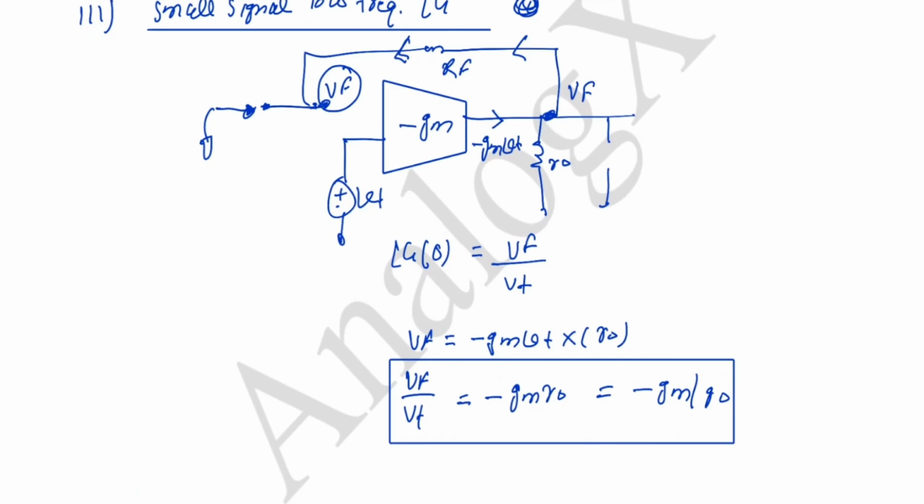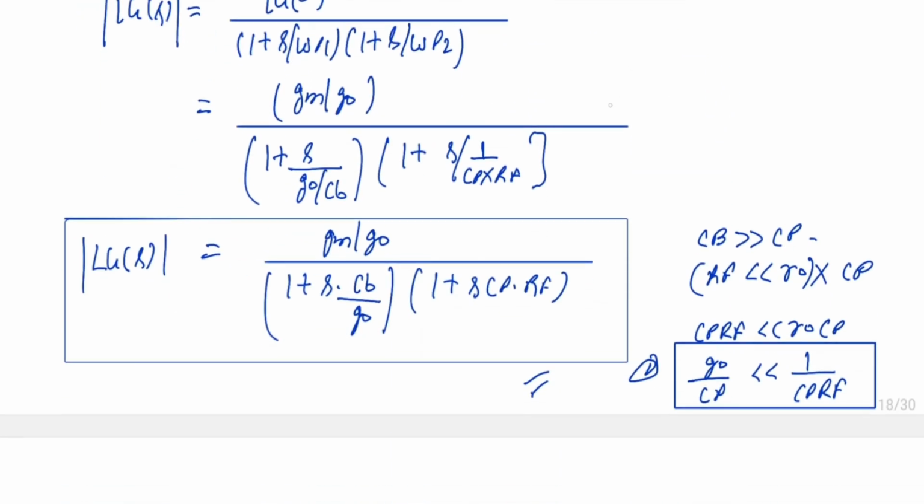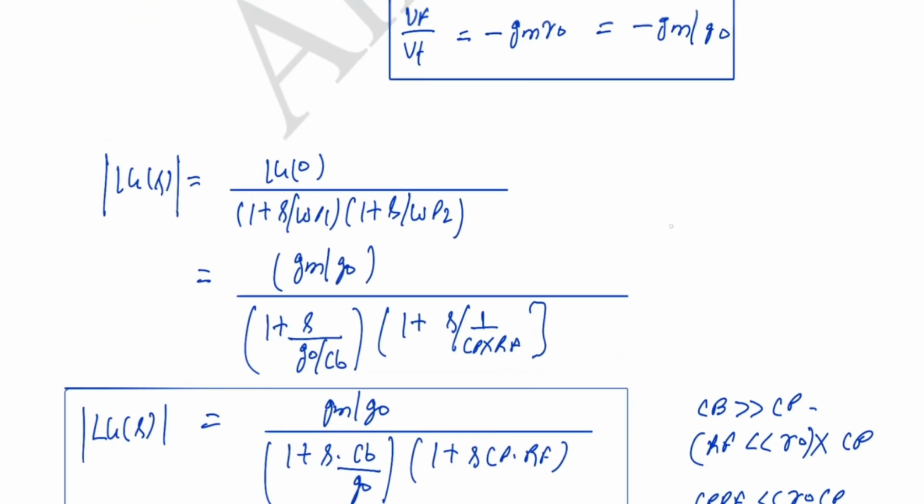I applied a test voltage, calculated the output voltage on the other side, and got Gm by G0, and finally I put all the parameters in this transfer function. So this is my loop gain transfer function. Please let me know if you find any wrong analysis or you didn't understand. Okay, bye, thank you.